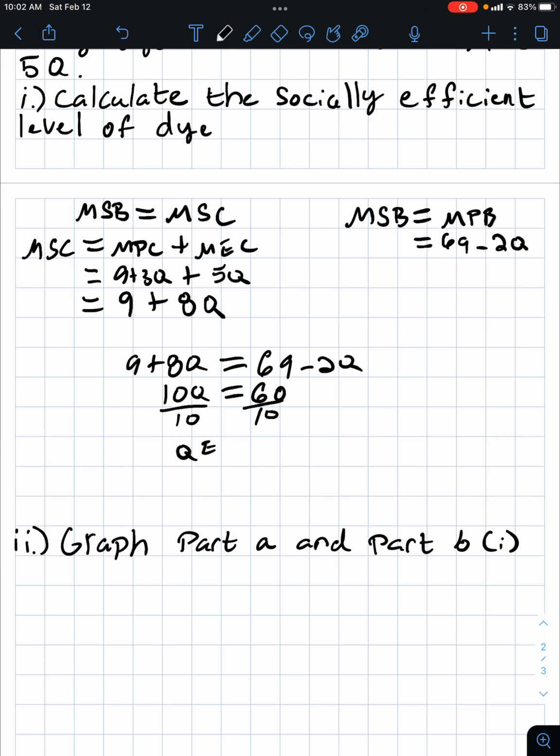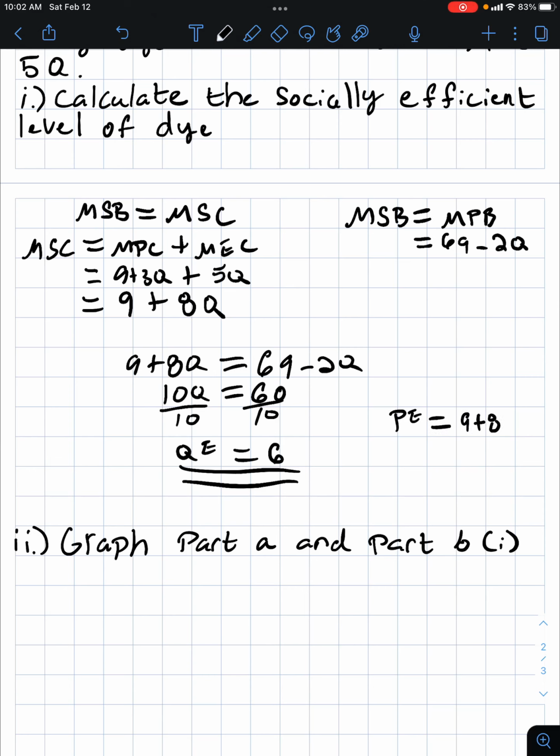Dividing by 10, we get QE, a quantity at efficient equilibrium, to be 6. And now we can plug in 6 to either marginal social benefit or marginal social cost. Let's just plug in 6 to our marginal social cost.